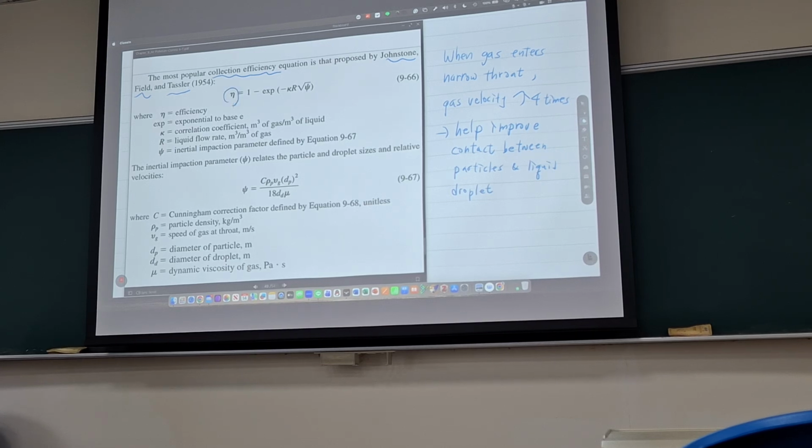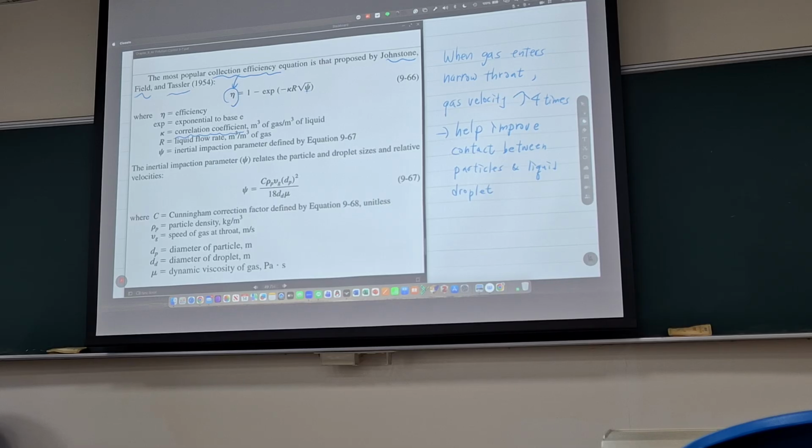So eta, the collection efficiency, is 1 minus exponential minus kappa, where kappa is the correlation coefficient, times R, where R is the liquid flow rate, to the square root.